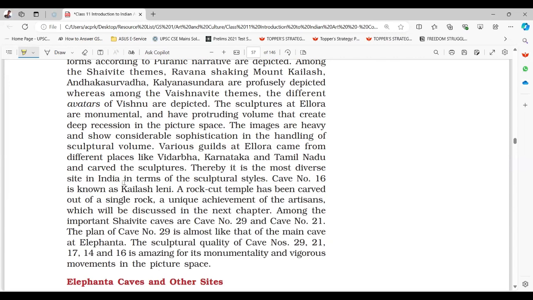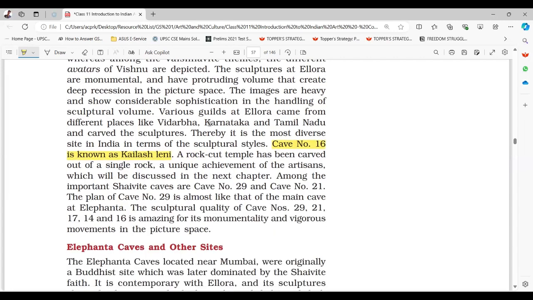Cave number 16 is known as Kailas Leni. A rock temple has been carved out of a single rock, a unique achievement of the artisans, which will be discussed in the next chapter. Among the important Shaivite caves are cave number 29 and cave number 21.